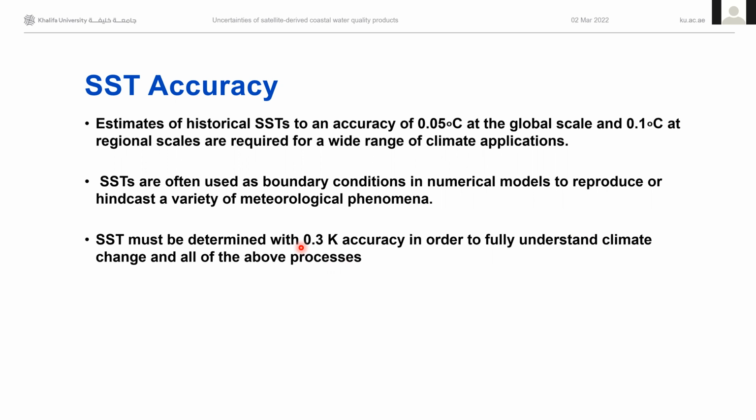In another reference, it should be an accuracy of 0.05 at the global scale and 0.1 at the regional scale to study climate change. The other thing is that SST accuracy is important because the SST will be used, for example, as the boundary condition to run the numerical model and to produce, for example, the variability of the meteorological phenomena. So the high accuracy of the SST is required.